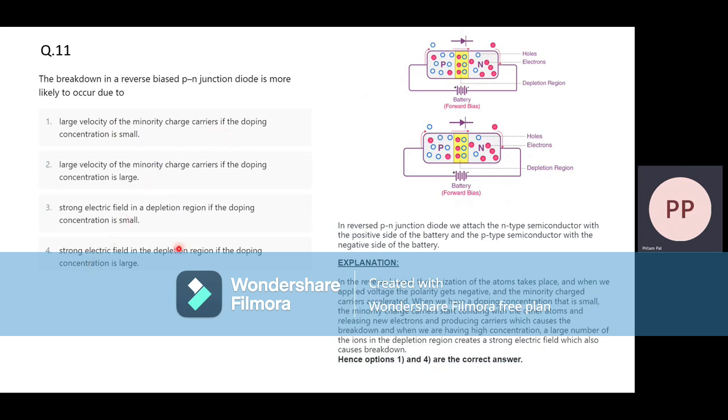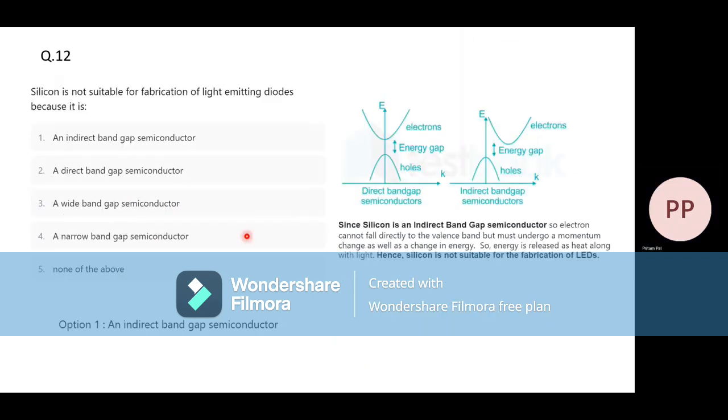So only options one and four are correct out of these four options, because a large velocity of minority charge carriers if the doping concentration is large is completely wrong. The third one, a strong electric field in the depletion region if the doping concentration is small, is also a wrong statement. Then I'll move to the next question.